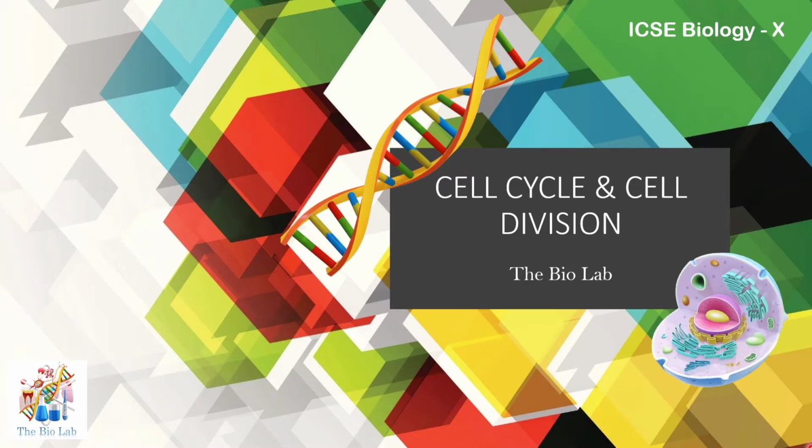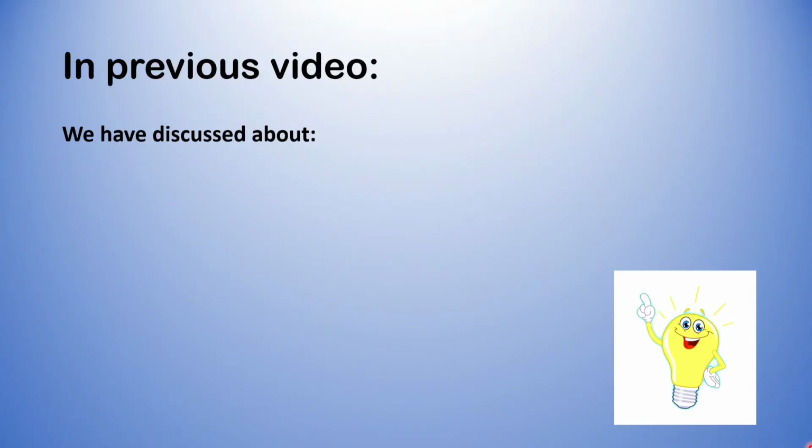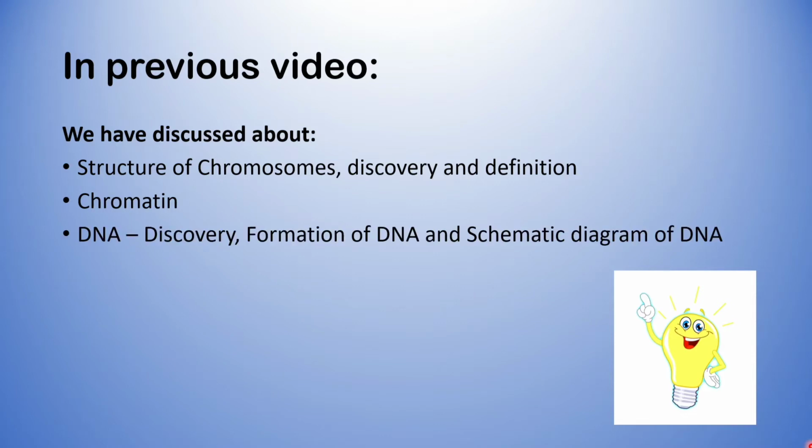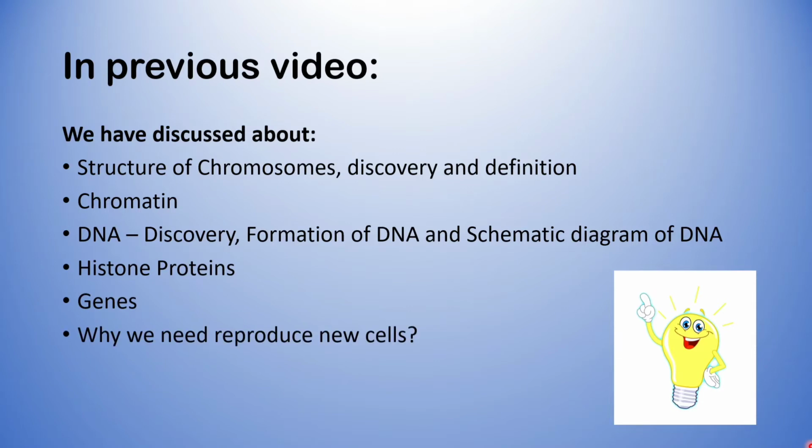So let's start. In the previous video we discussed the structure of chromosomes, their discovery and definition, chromatin, DNA, its discovery, formation of DNA and a schematic diagram of DNA, and histone proteins, other types of proteins, genes, and why we need to reproduce new cells.